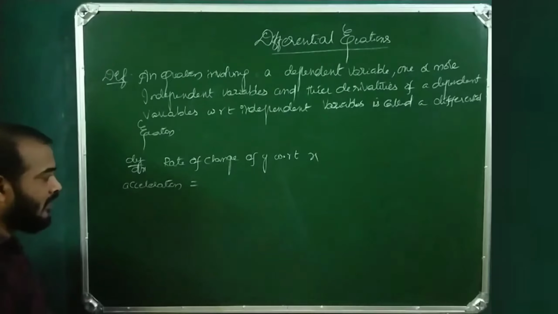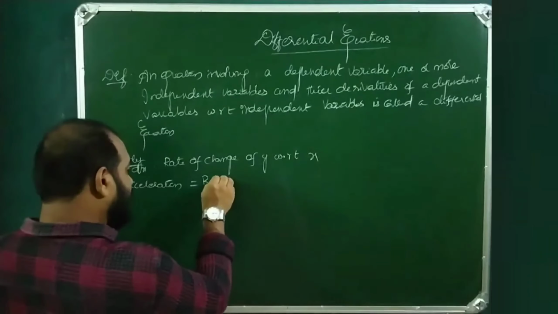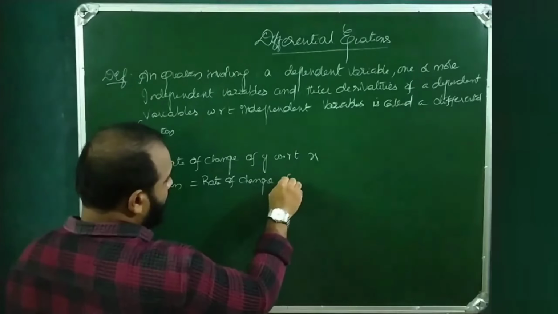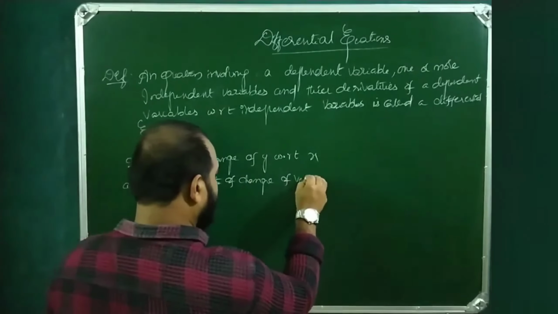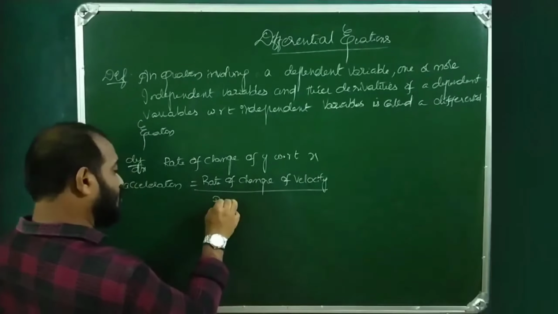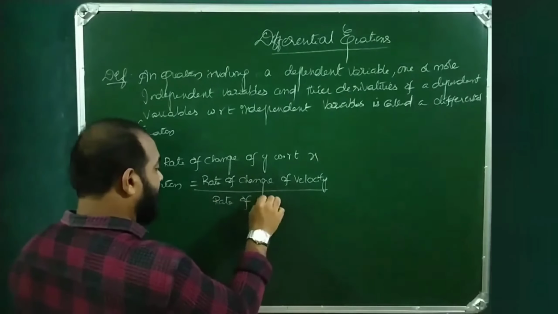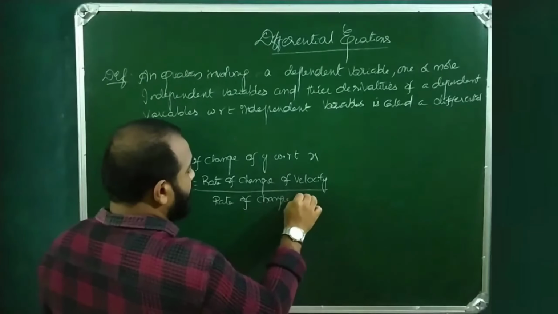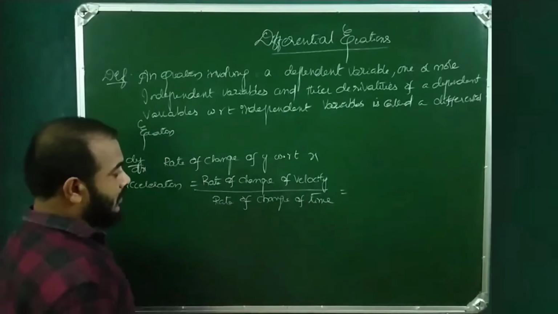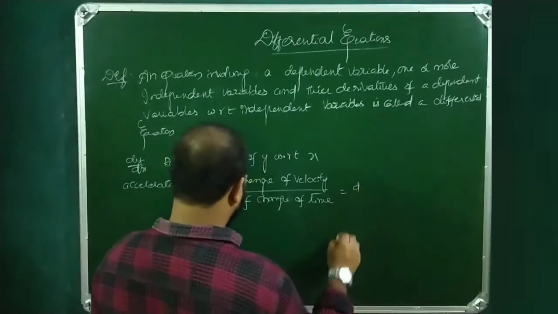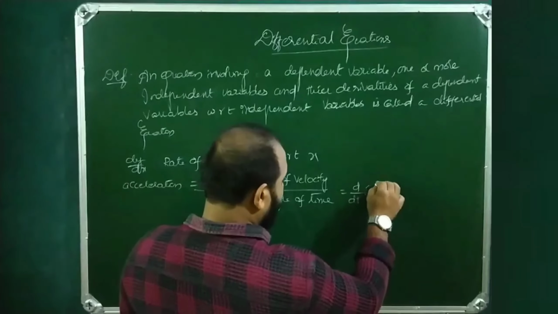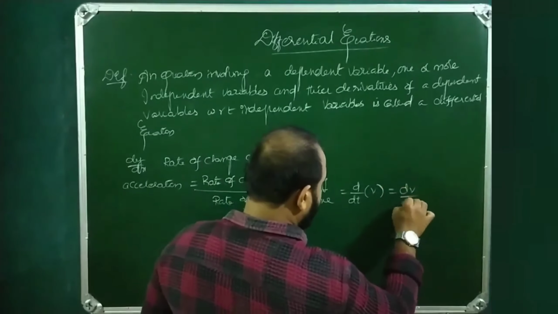What is meant by acceleration? Acceleration is nothing but the rate of change of velocity with respect to time, that is d by dt of v, otherwise dv by dt.